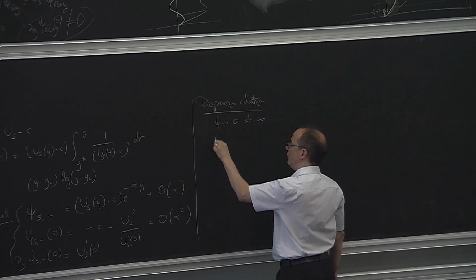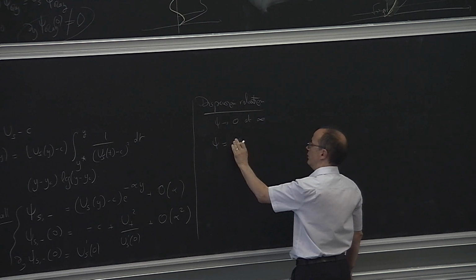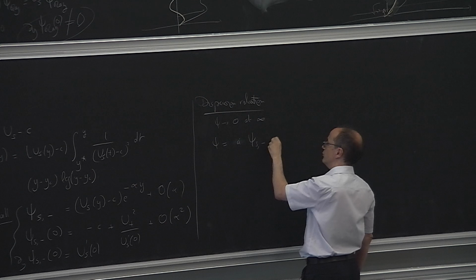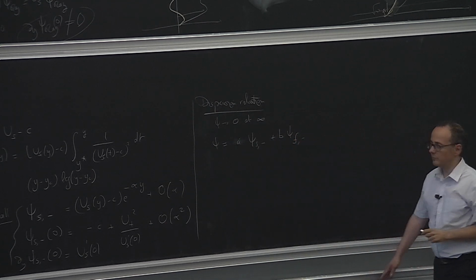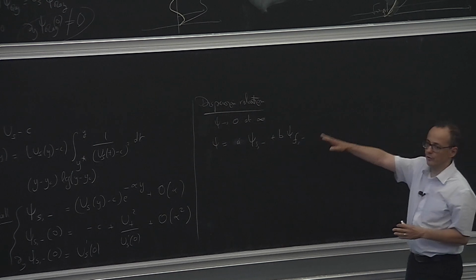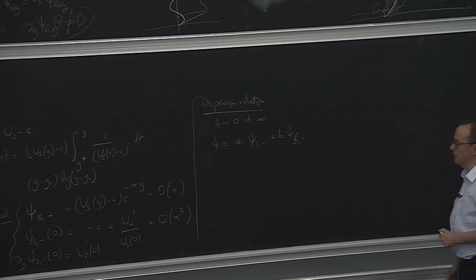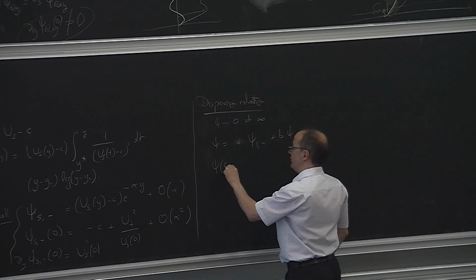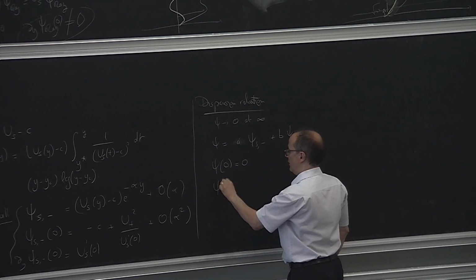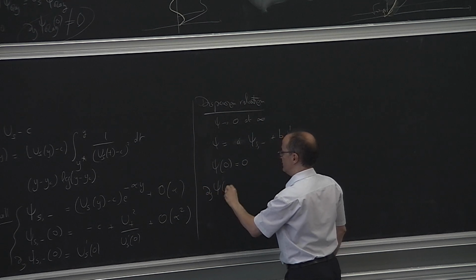So if we have a mode, then it must be a combination of the slow mode and the fast mode which go to 0 at infinity. And of course, we must have psi of 0 equals 0 and psi prime, so d_y psi at 0, equals 0.